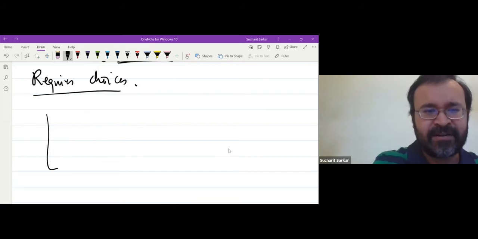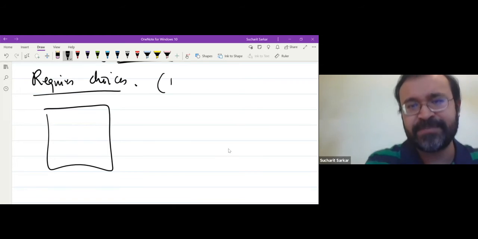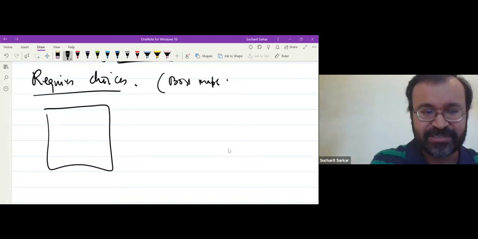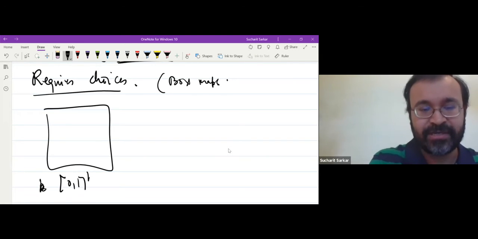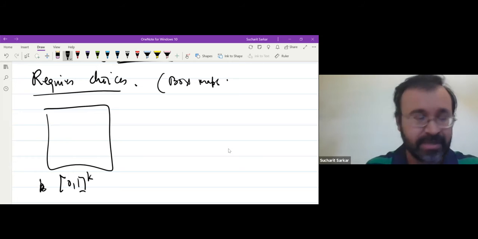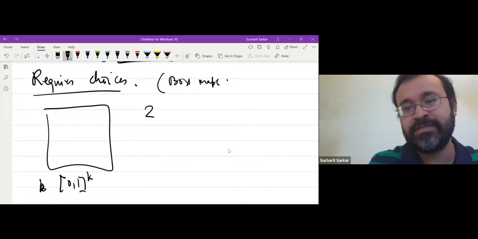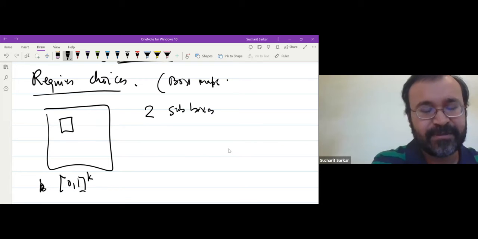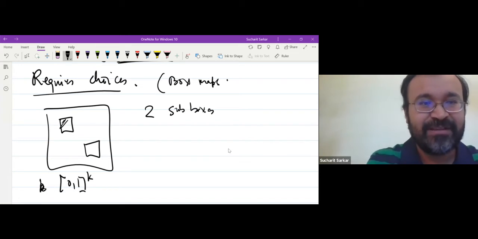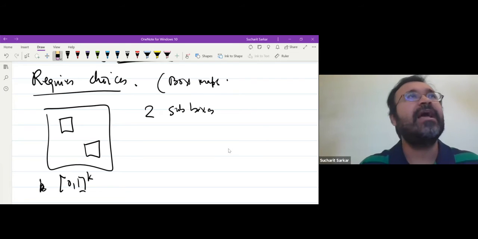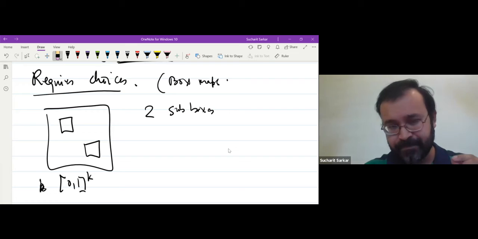These are things called box maps. Let's take a k-dimensional box, [0,1]^k, and let's take 2 disjoint sub-boxes.